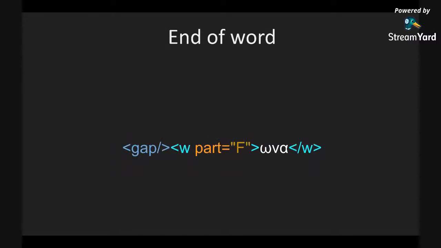So here's a different example with part equals f. This is the characters ona. They're clearly the end of a word, but it could be the end of dozens of different words. So there's a gap before it, but we also have the part equals f attribute on there. And note that I'm always quite careful when I'm using these tags to leave no white space in the XML between the gap and the word that is partly lost in that gap.